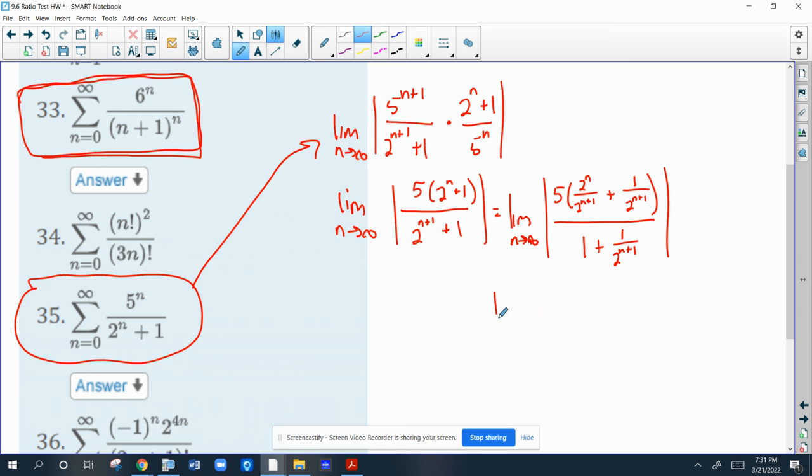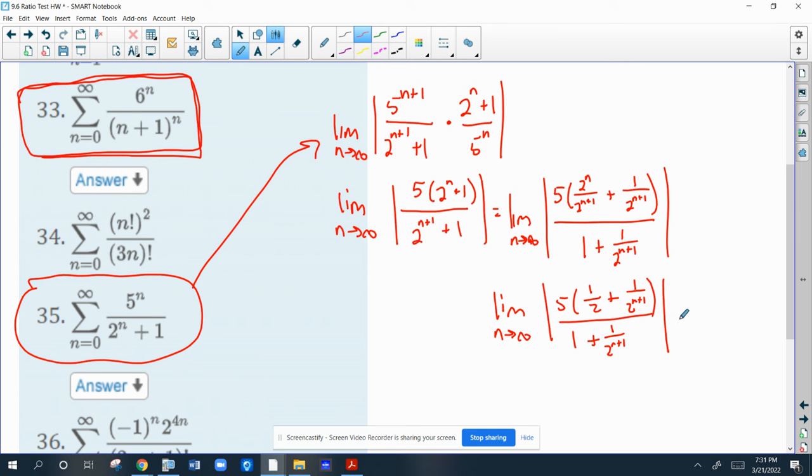So we have the limit as n goes to infinity of 5 times the quantity 1 over 2 plus 1 over 2 to the n plus 1 over 1 plus 1 over 2 to the n plus 1.